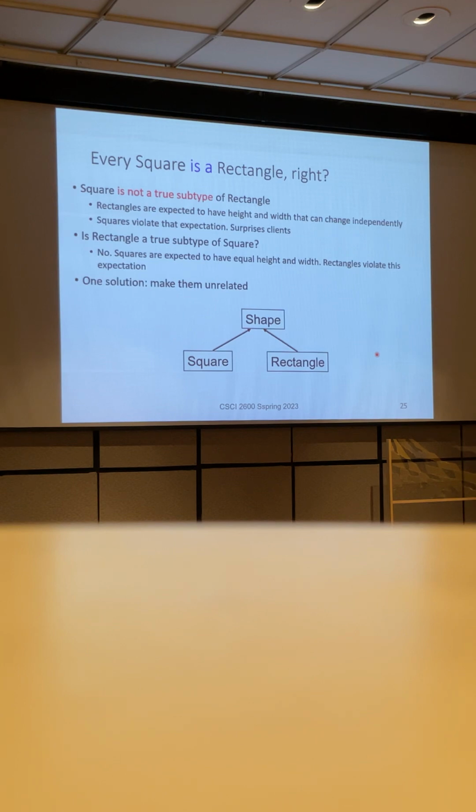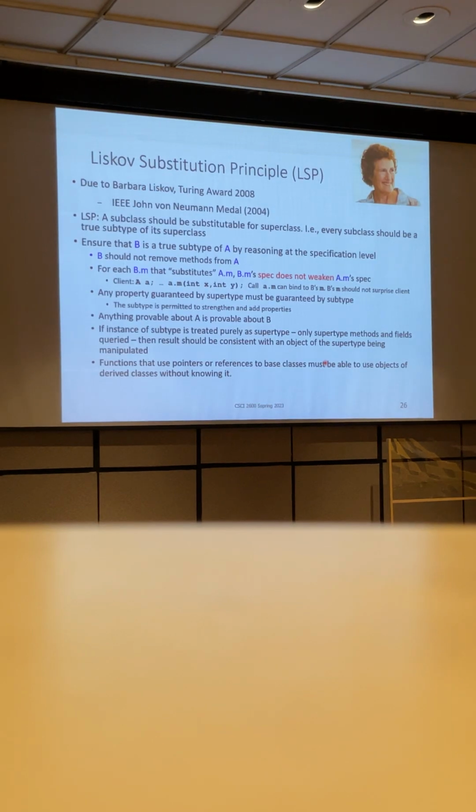They might still have some similarities, so you can do this: capture all similarities in their own class, like Shape, and have both square and rectangle extend that Shape. That can be done. That does not make square and rectangle a subclass or superclass of each other. So that is one possible solution.